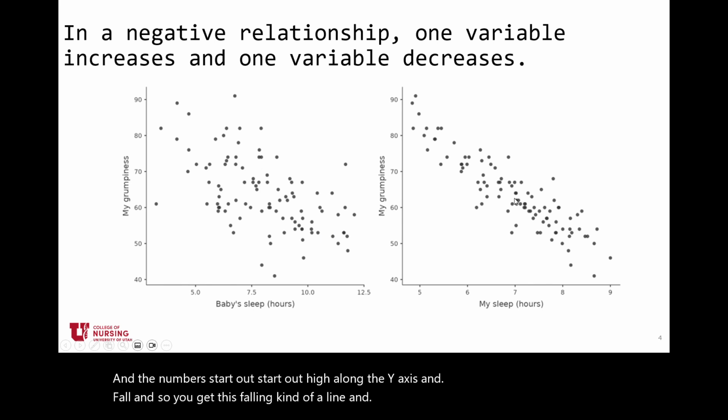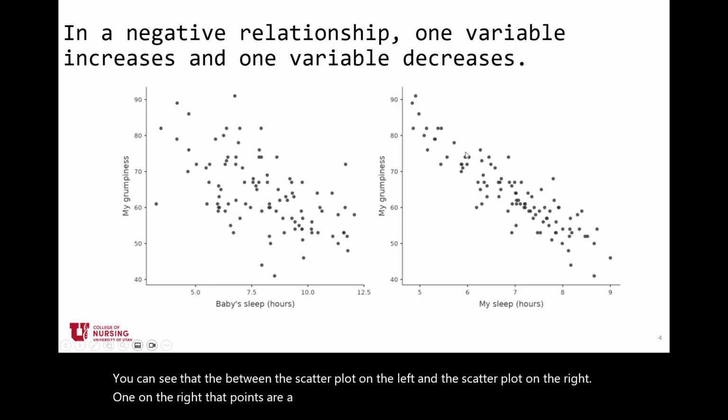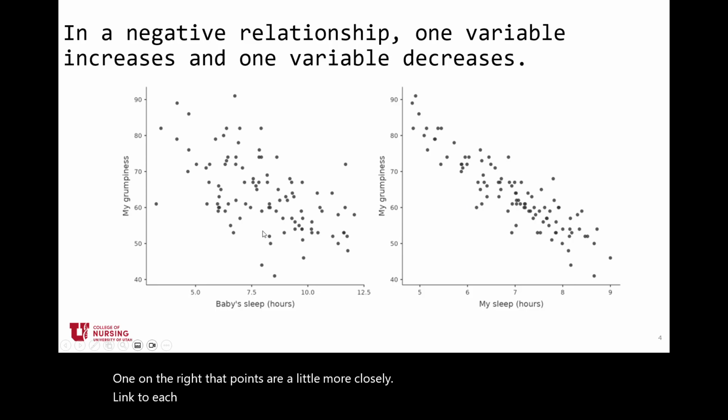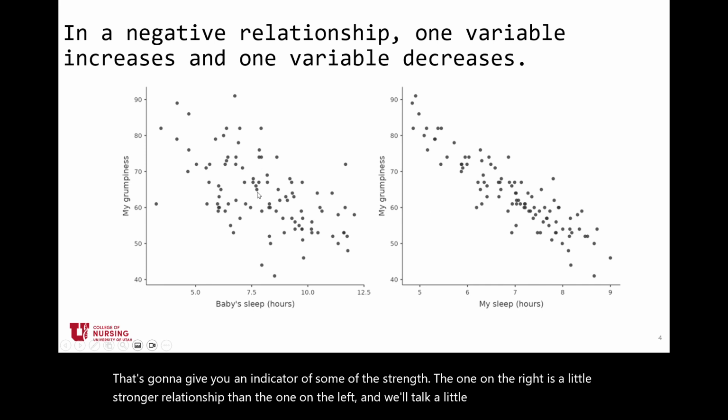Between the scatter plot on the left and the one on the right, the points on the right are a little more closely linked to each other, and the ones on the left are a little more spread apart. So that's going to give you an indicator of some of the strength. The one on the right is a little stronger relationship than the one on the left, and we'll talk a little bit more about quantifying that in a minute.